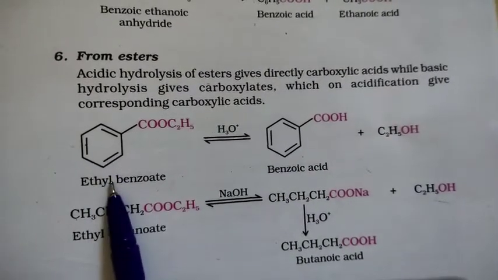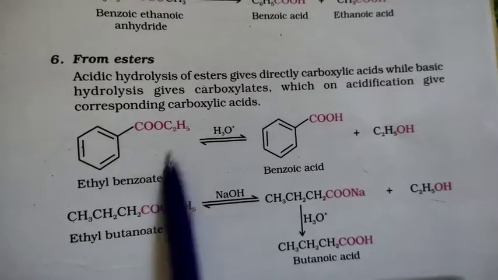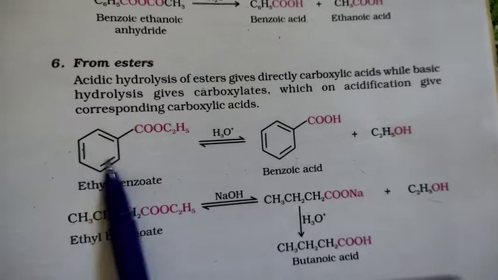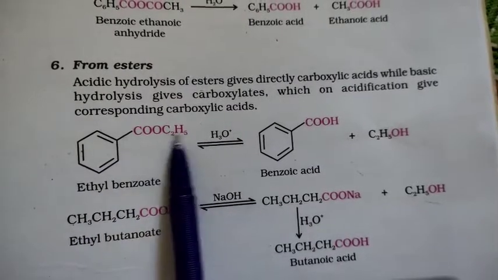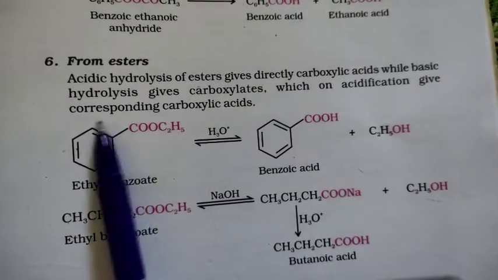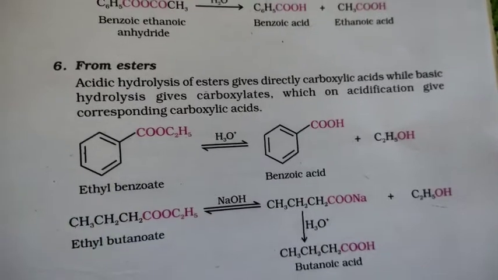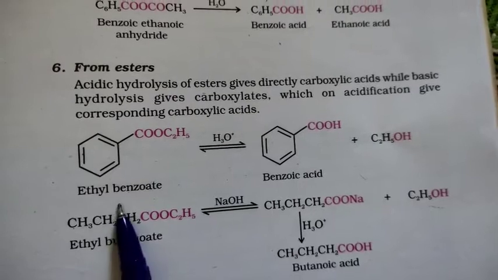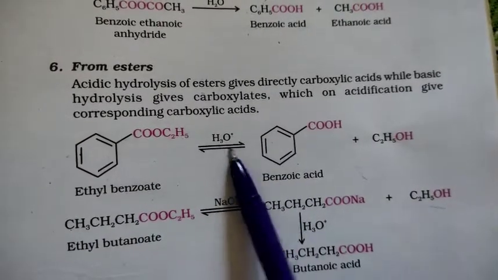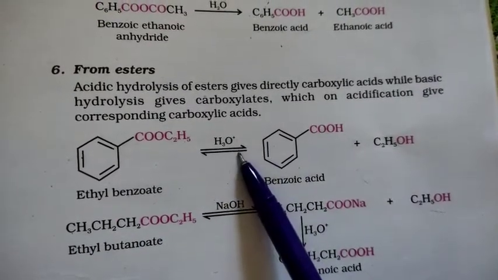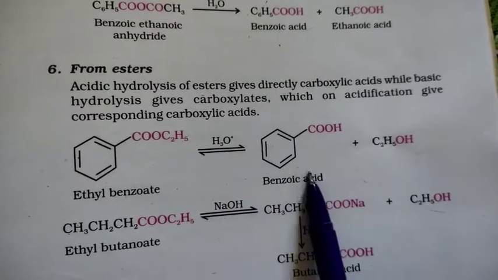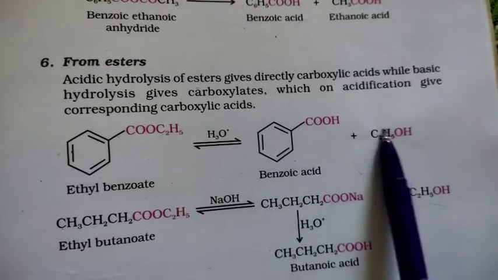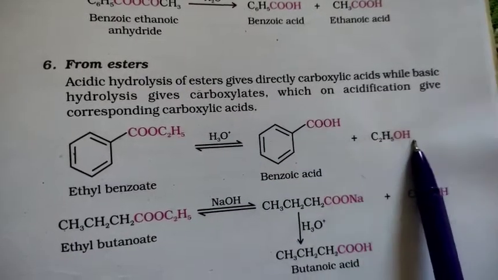So from here you see we will take ethyl benzoate. So two parts are here. This is the benzene part, and this is the ethyl group, right? Our purpose is to convert this compound into an aromatic acid. We will hydrolyze it or treat it with acid. Next we will get the benzoic acid and this is converted to alcohol as we said. So this is ethanol.